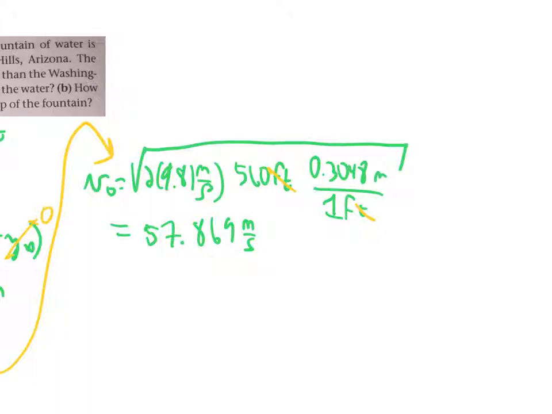And then I should also pay attention probably to the fact that I have only really two significant figures, because only two digits here. So I should really go and round this to only 2 sig figs, and so the velocity is 58 meters per second.